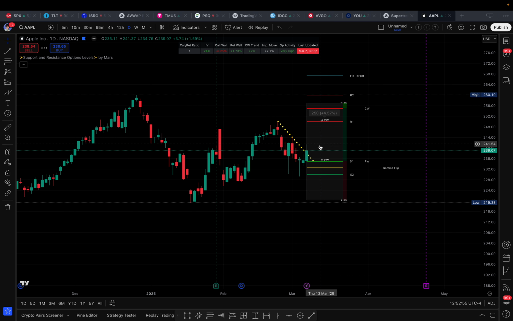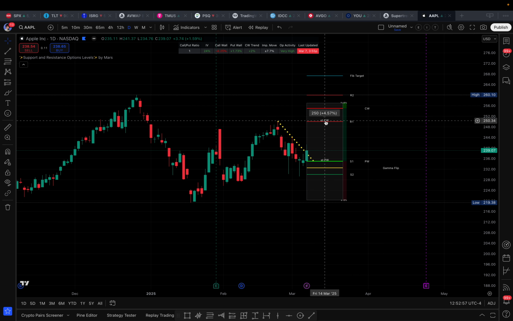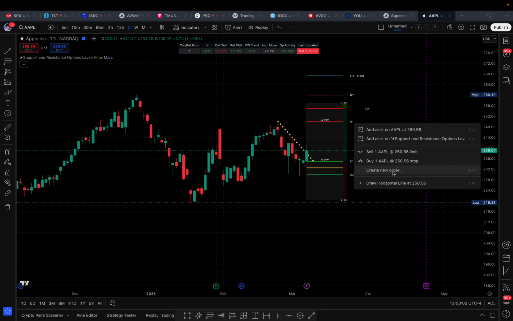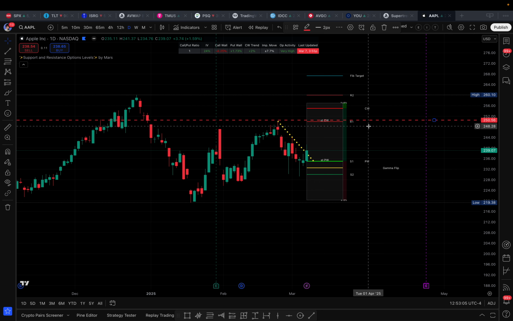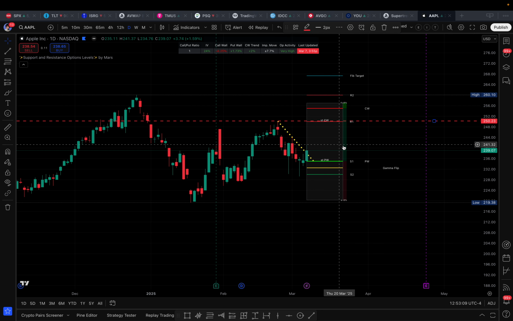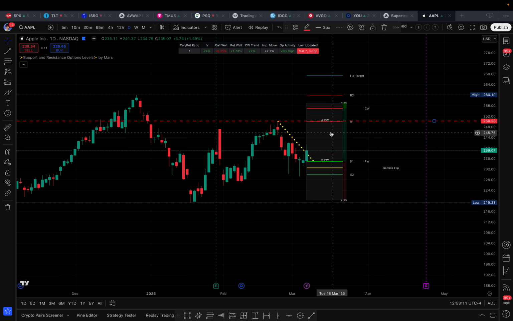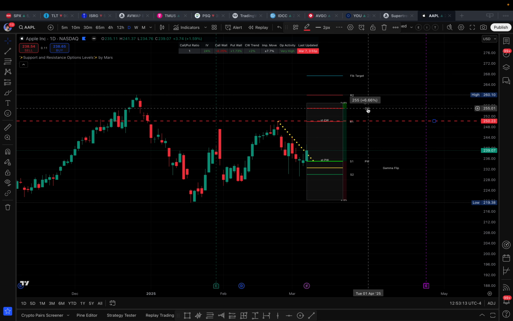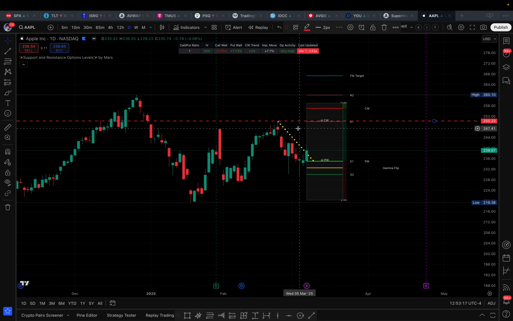We have 5% up until we hit the call wall, which coincides here with this high, though. So naturally, 250 is going to be a resistance, right? Both short term and longer term, I think. But more short term. Longer term is the call wall 255, and then we're back to all-time highs.